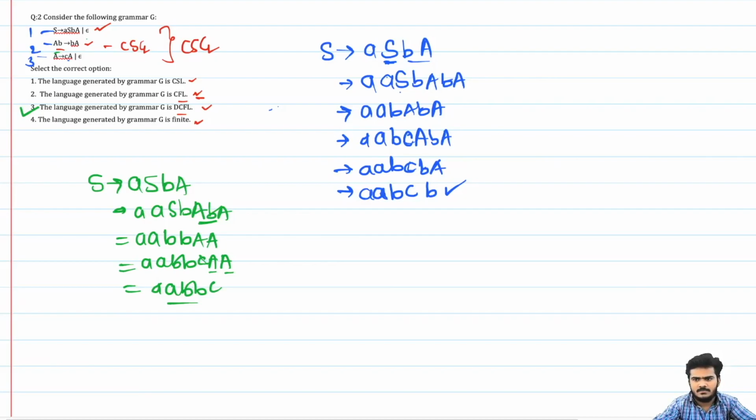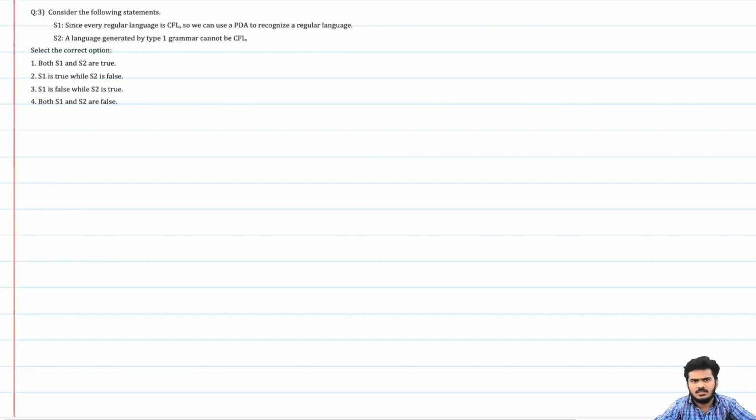Let's see another one. This question gives two statements. Statement S1 says that since every regular language is a CFL, we can use a PDA to recognize a regular language.